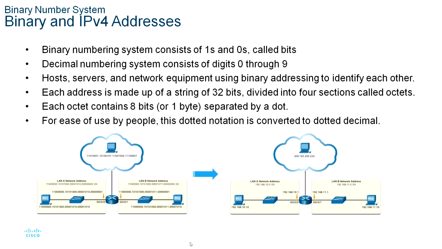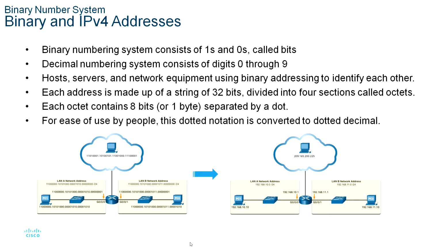Each address consists of a string of 32 bits divided into 4 sections called octets. Each octet contains 8 bits or 1 byte, separated with a dot. For example, PC1 in the diagram is assigned an IPv4 address in binary digits. Its default gateway address would be that of the R1 Gigabit Ethernet interface.